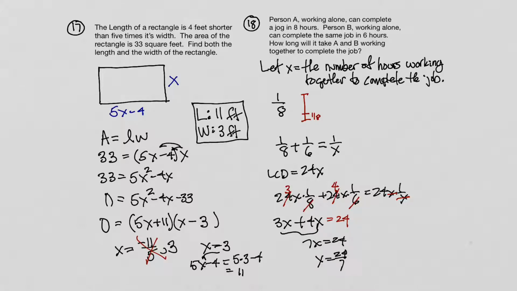So x will be equal to 3 and 3/7. But we don't include x in our answer. We're asked how long it takes to complete the job. It just takes 3 and 3/7 hours to complete this job.